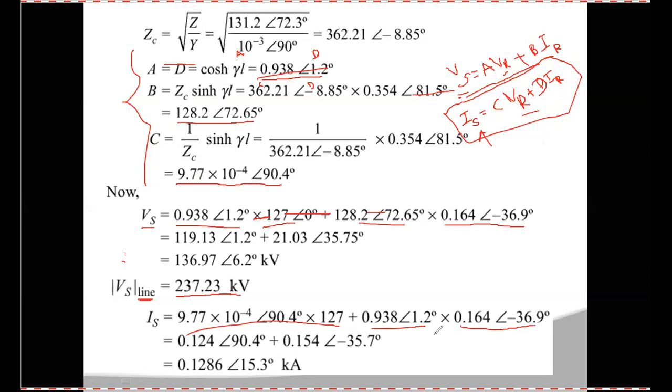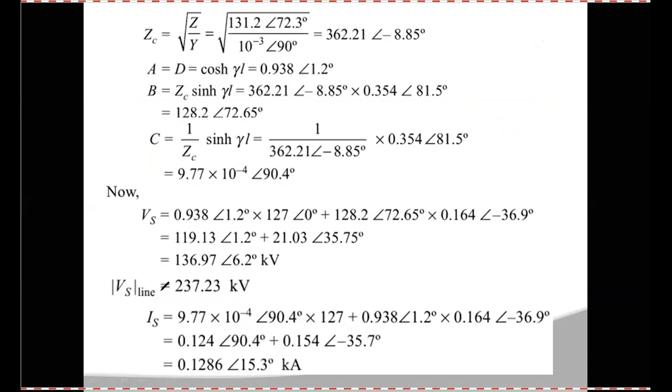Now if you calculate this value, the sending end current you get is 0.1286 at an angle of 15.3 degrees, which is in kilo amperes. Okay. So now you got sending end voltage as well as sending end current.